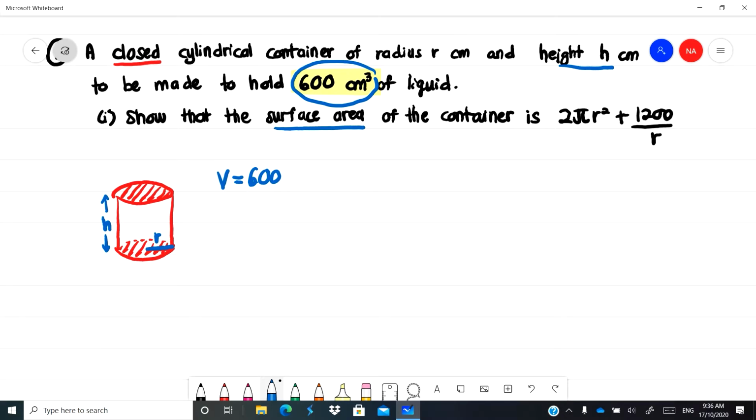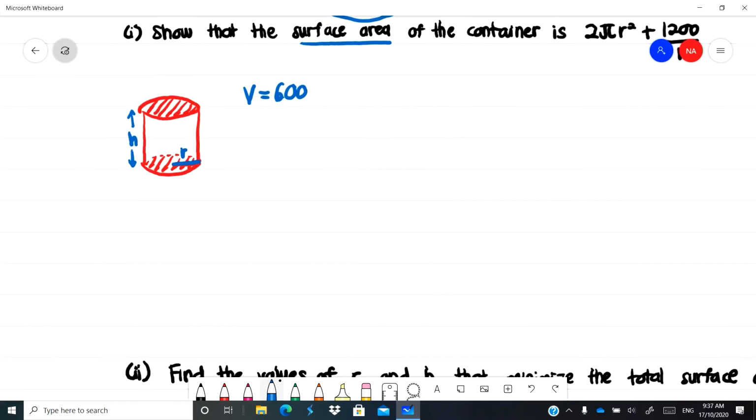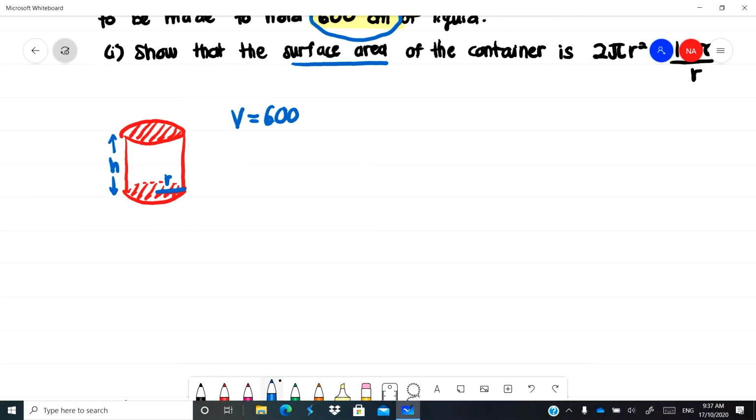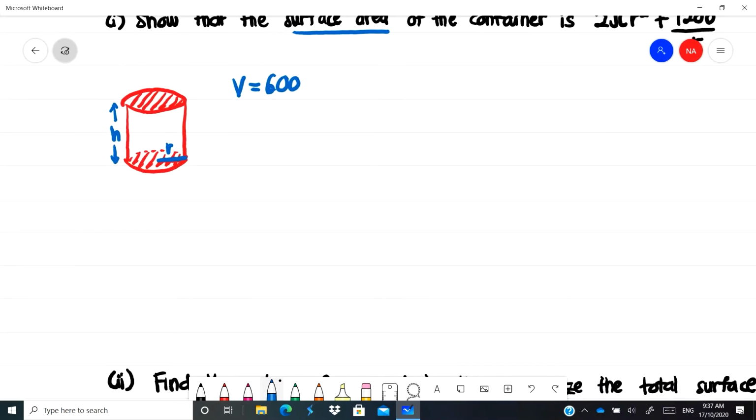Now we're going to talk about the surface area. To find this, either you memorize the formula of the surface area for the cylinder, or you can open this cylinder. Suppose we open this cylinder, we'll have something like this. That's the body of the cylinder, and this is the lid of it at the bottom and also at the top.